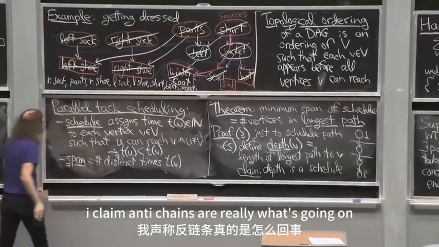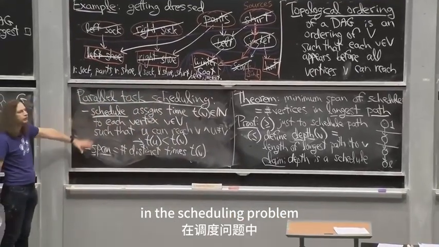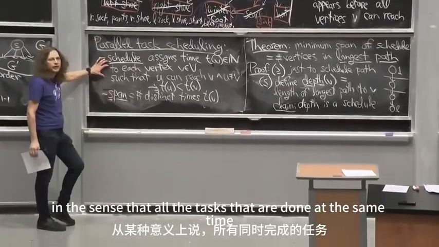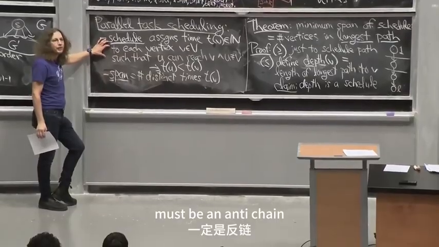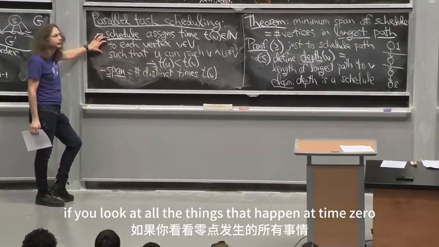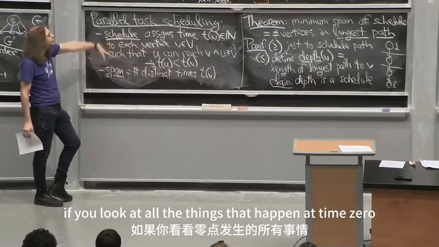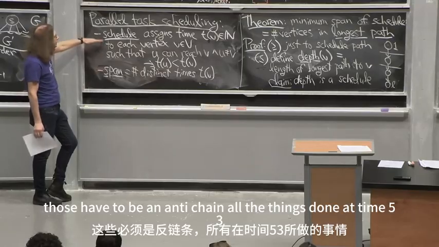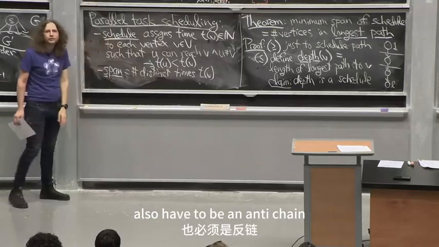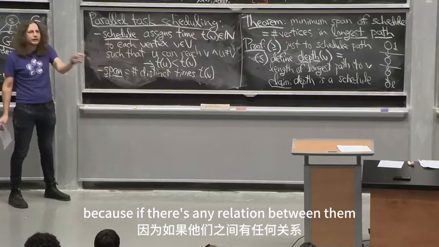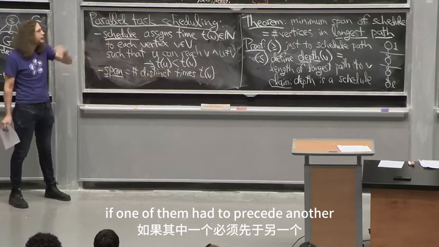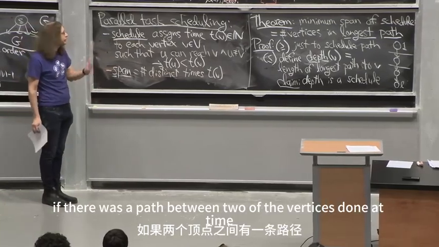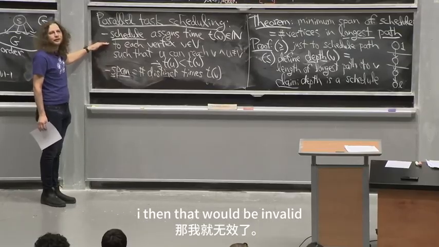I claim antichains are really what's going on in the scheduling problem, in the sense that all the tasks that are done at the same time must be an antichain. So if you look at all the things that happen at time 0, those are the sources. Those have to be an antichain. All the things done at time 53 also have to be an antichain, because if one of them had to precede another, if there was a path between two of the vertices done at time i, then that would be invalid.